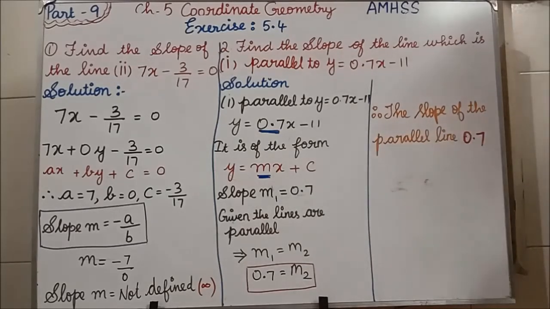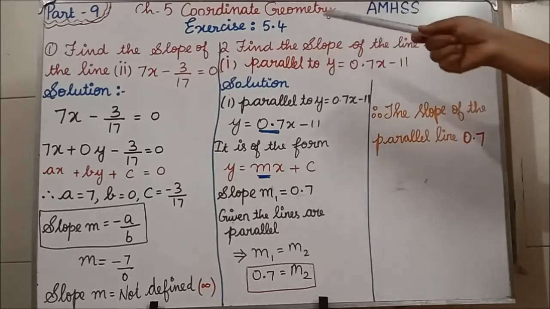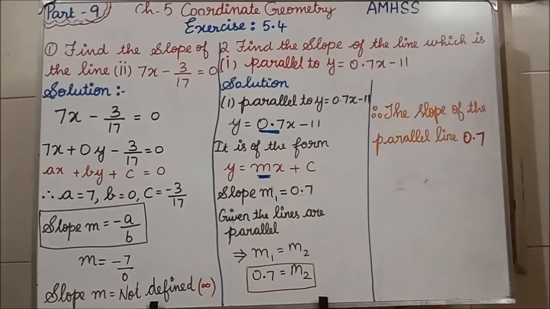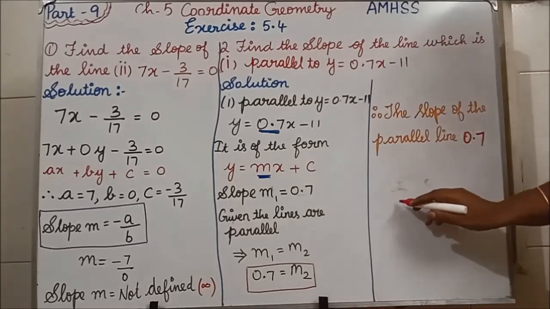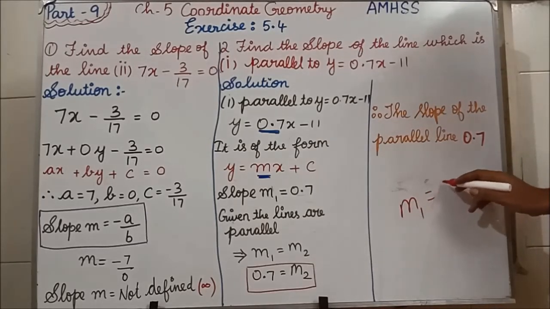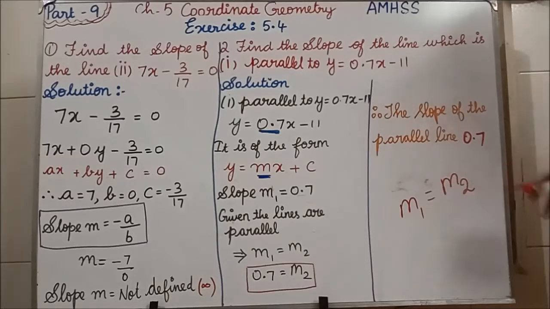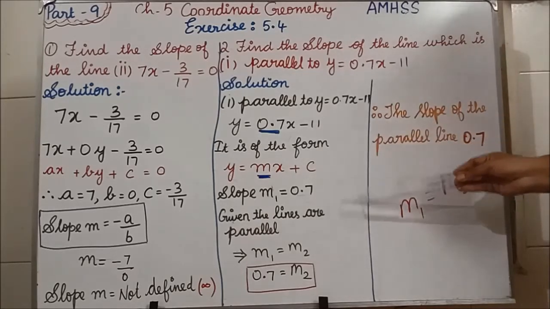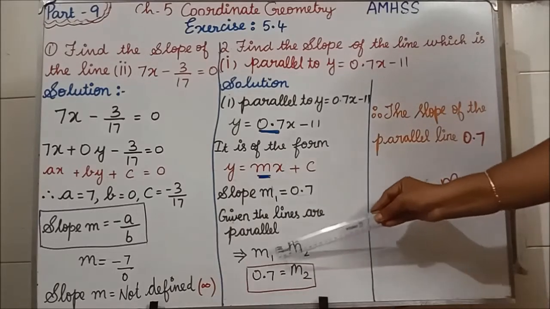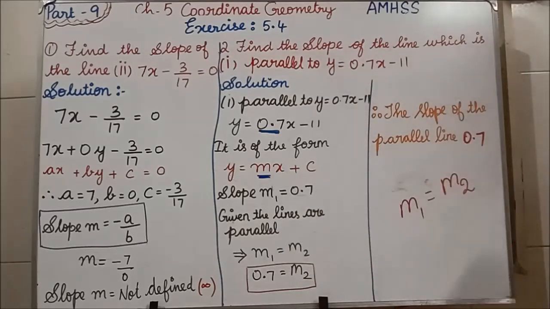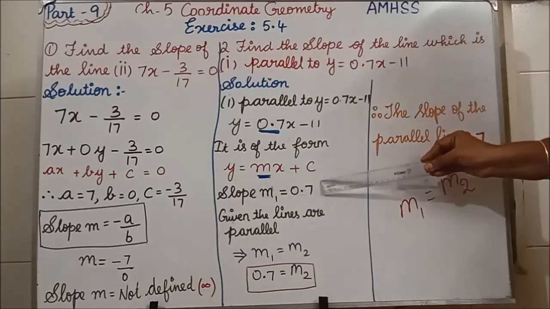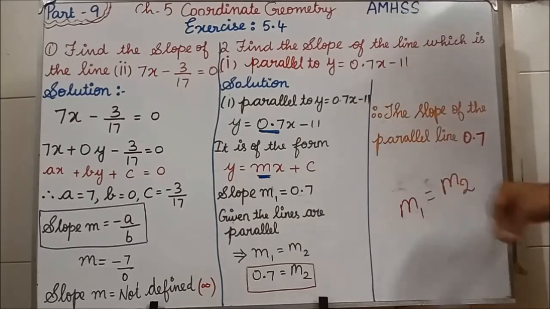Why are we taking m1? Parallel means, the formula we have learnt in 5.3, m1 is equal to m2. Parallel means slope m1 is equal to slope m2. Given that the lines are parallel, the value we get for m1 is the same as m2.